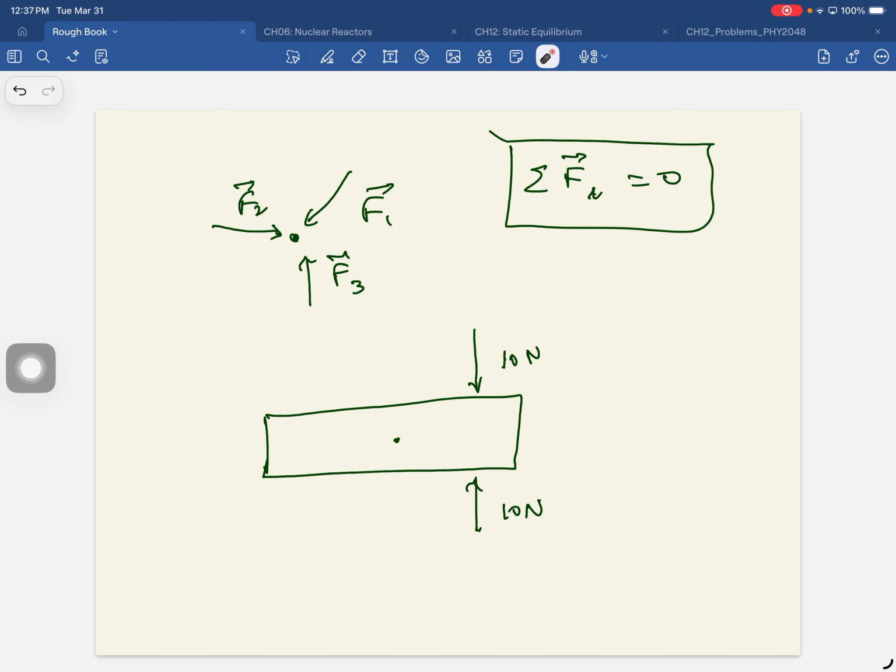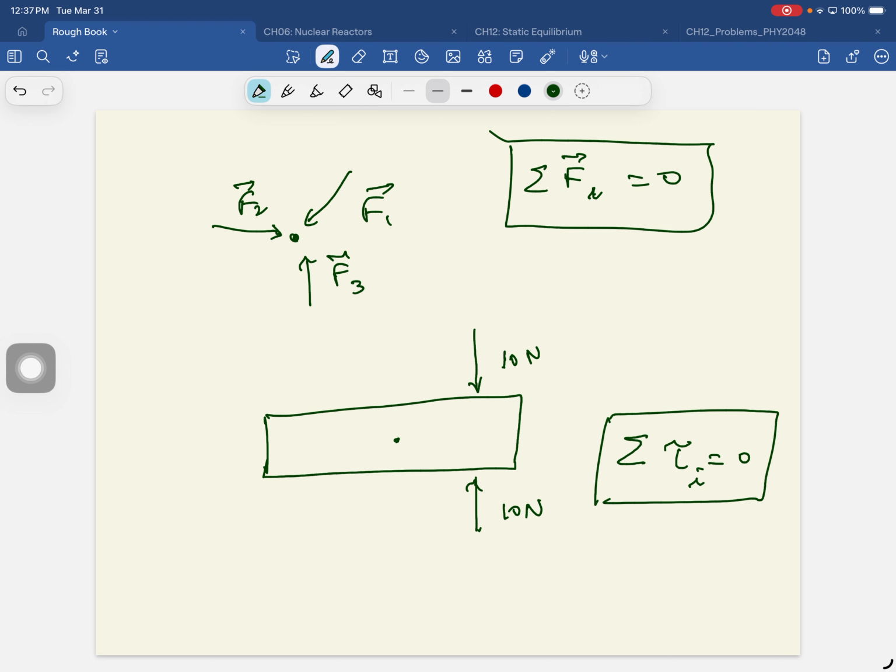The sum of the torques is zero. So for an extended object to be in equilibrium, you need two conditions: the sum of the forces to be zero and the sum of the torques of these forces to be zero.